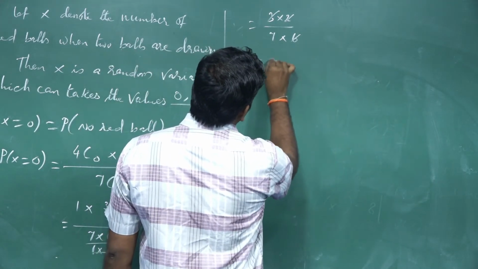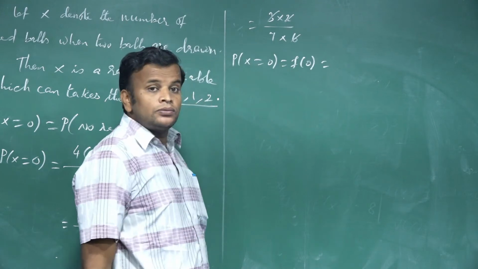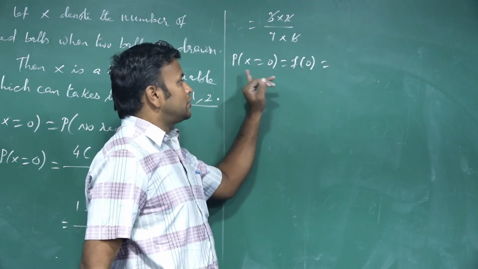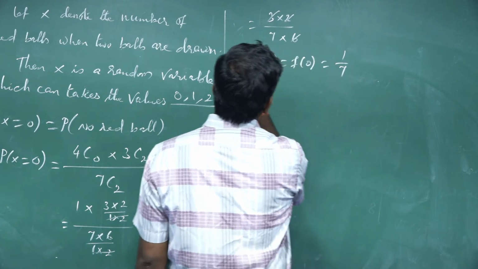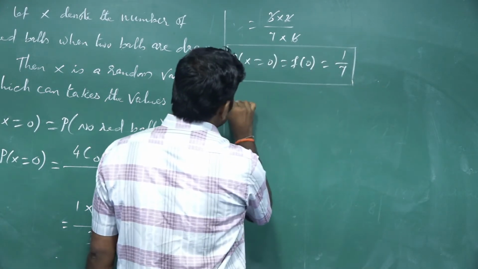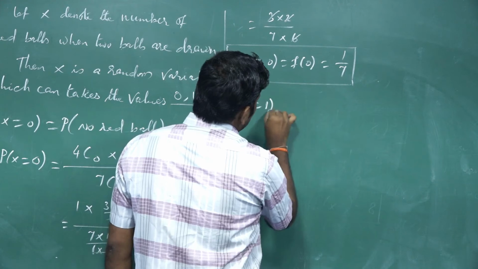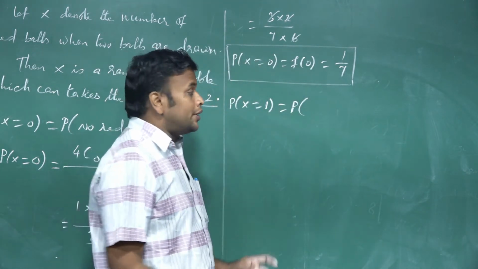So P of X equals 0, or f of 0 in either notation, is 1 by 7. So the first probability value is done. Next, P of X equals 1, that is, the probability of getting 1 red ball.